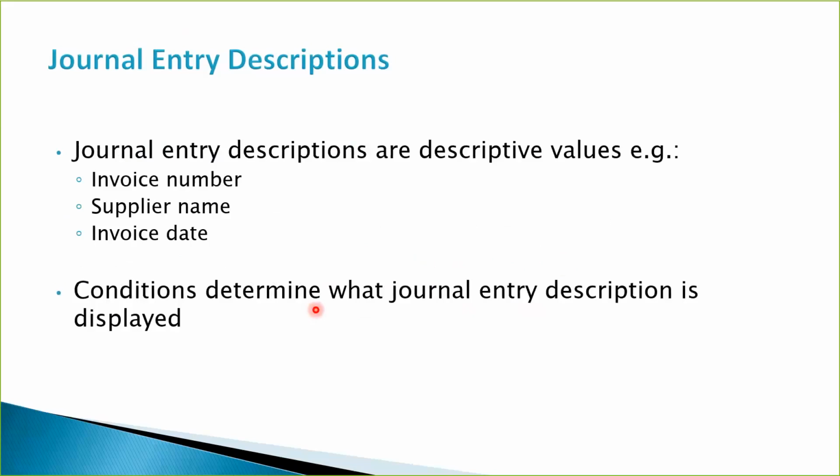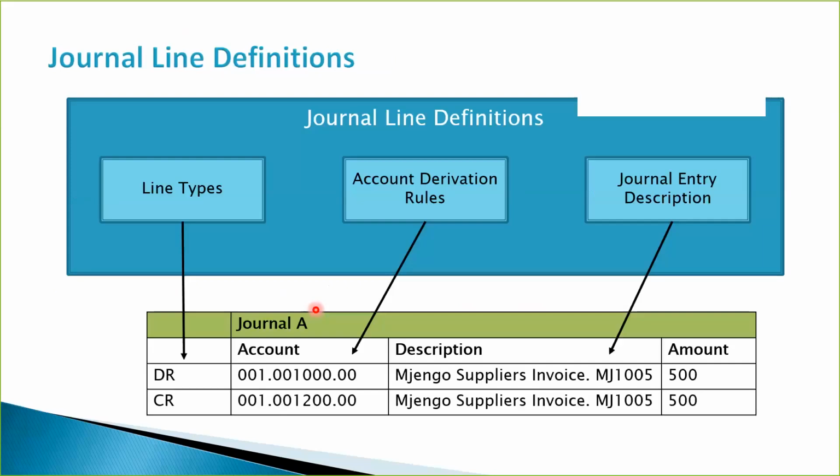Now, journal entry descriptions are descriptive values, basically. That sounds a bit redundant, but let me explain. When you enter a journal entry description, for example, this one is for the line, okay? These are journal lines. We can say that this journal doesn't have a header section, so these are just the lines.